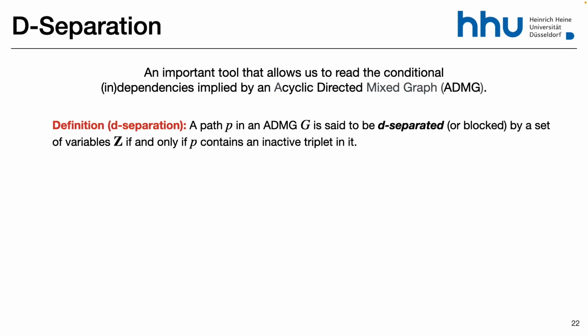Then the separation is the following. The definition is going to be in two parts, and I have to look at every path between two variables. If I want to see if X is separated from Y, I have to look at every path between X and Y and check the following.